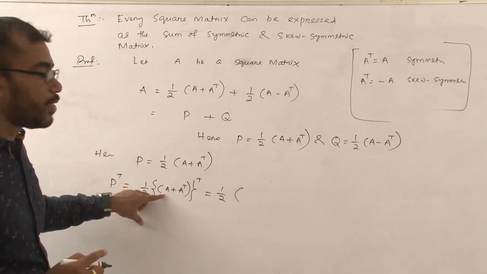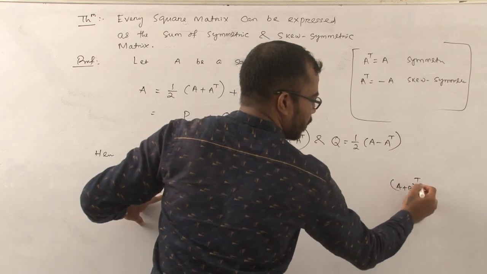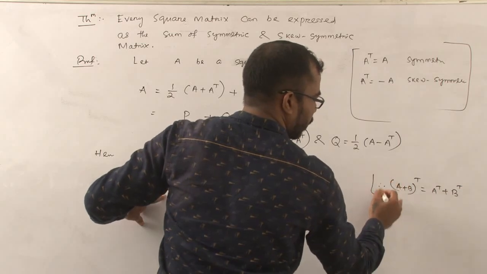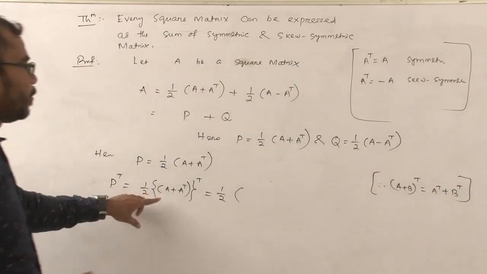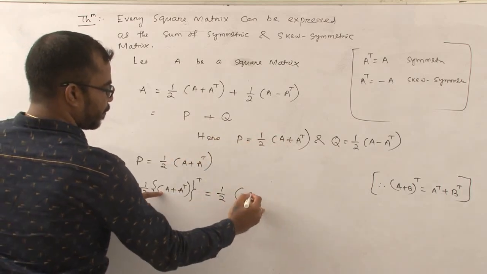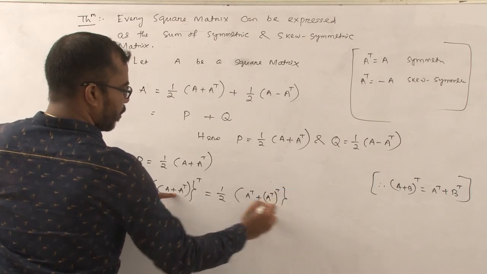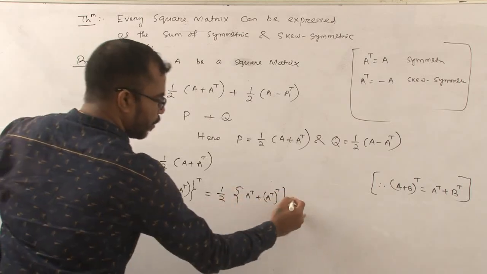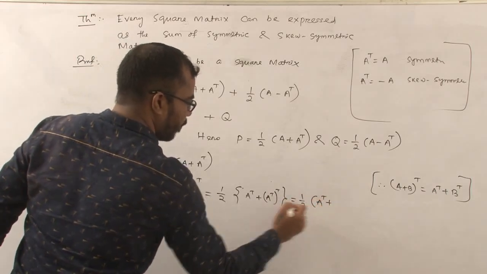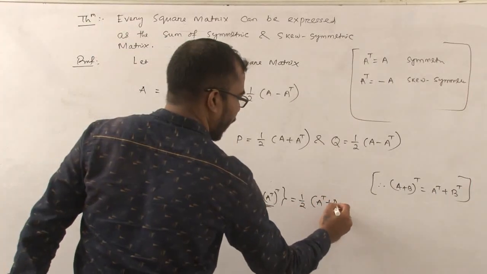In the previous session we discussed that (A plus B) whole transpose is equal to transpose of A plus transpose of B. Now if we apply the formula, we get transpose of A plus transpose of transpose of A.